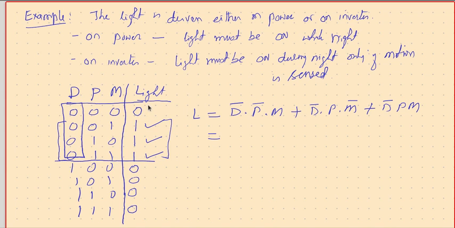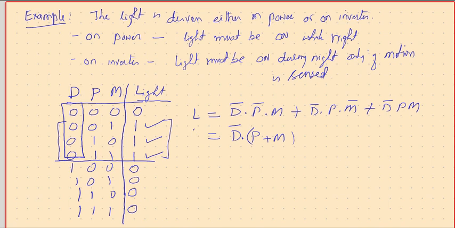So does it ring any bell? Yes, of course, it is something like an OR operation. If you see, it comes out to be P or M. And this is possible only for D false. So it should be D false and P true, or M true, or both true.